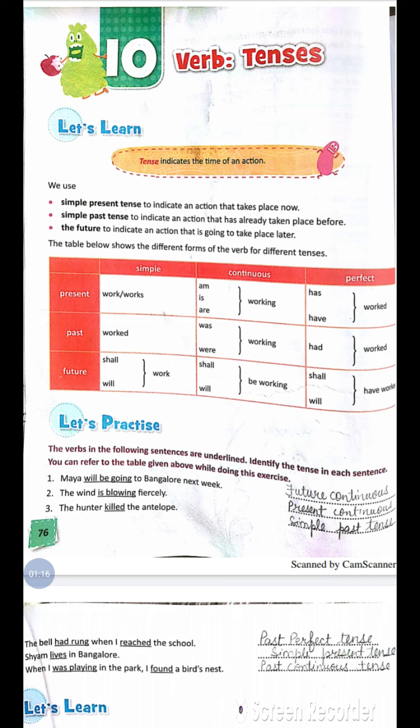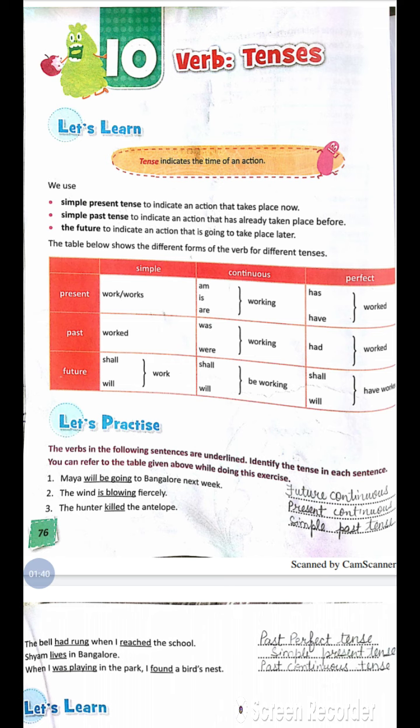Simple future tense, will, shall plus verb. Future continuous tense, will be or shall be plus verb plus ing is used. And in future perfect tense, will or shall plus have plus third form of the verb is used.